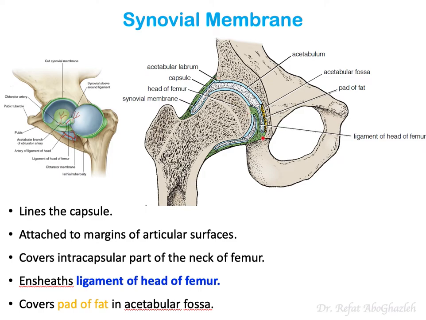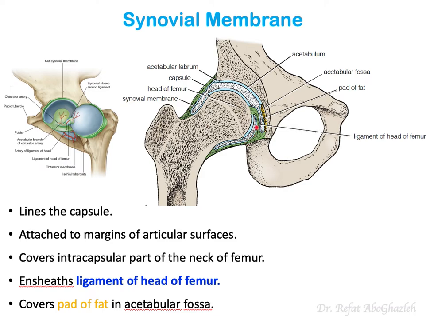It not just attaches to the margin of the articular surfaces, but also lines the capsule itself, and also is reflected on the neck of the femur in order to cover it as well.